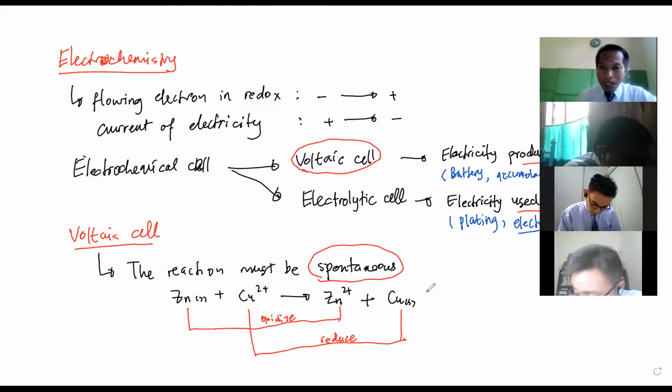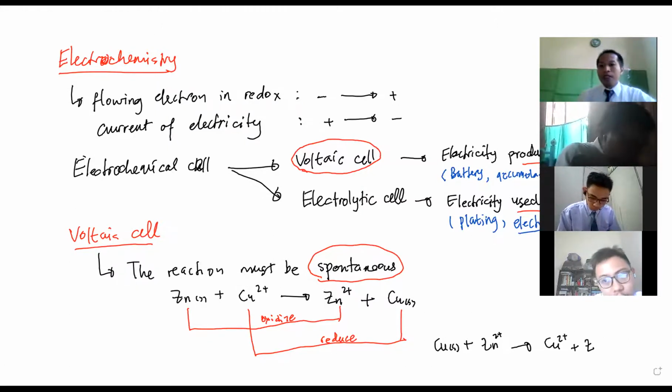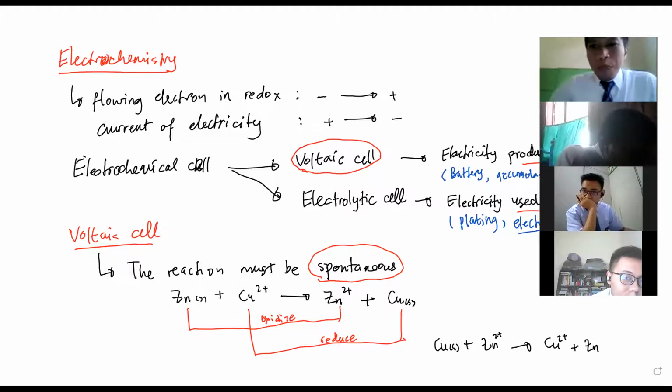I mean, I reverse the reaction. If I immerse solid copper into zinc solution, will this reaction happen? I mean the reverse of the first reaction. What do you think? Any opinion about this?